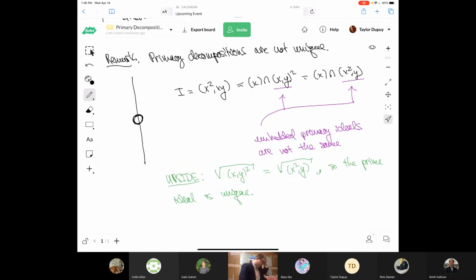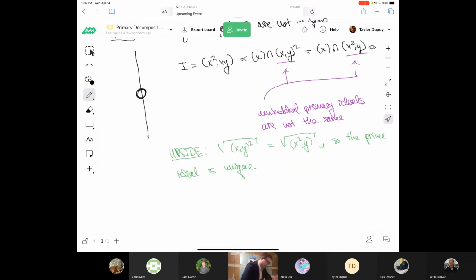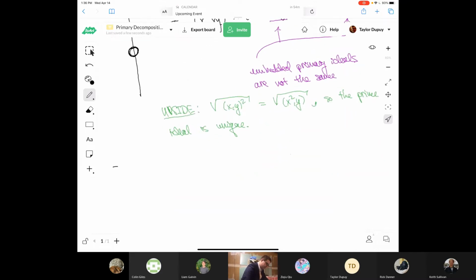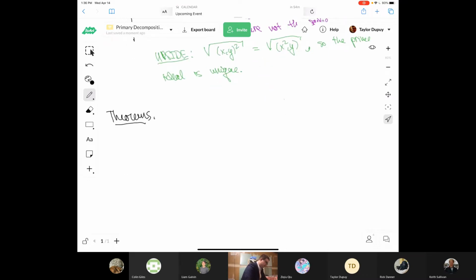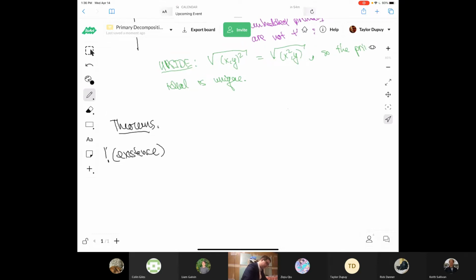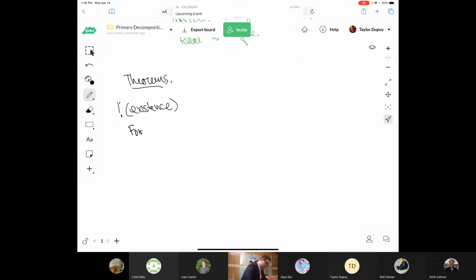The positive part is that the two big theorems are the following. So, the existence. One is that for ideals in Noetherian rings, primary decompositions exist.